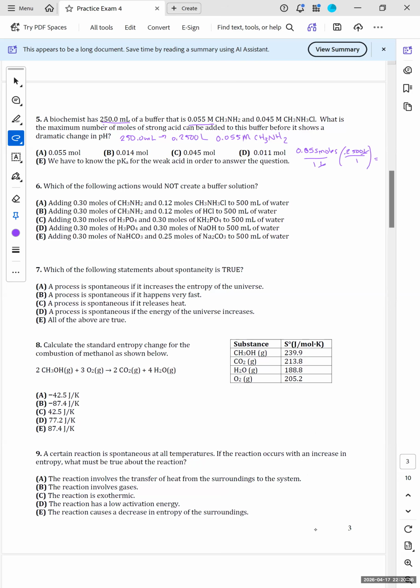And I'm left with 0.014 mole. The reason we're only dealing with this is because we're asking how many moles of the strong acid could be added to the buffer, so you don't need this information. So you just want to make sure you're comfortable with identifying which one's the acid and which one is the base. So looking at this, mathematically, the answer would be B.